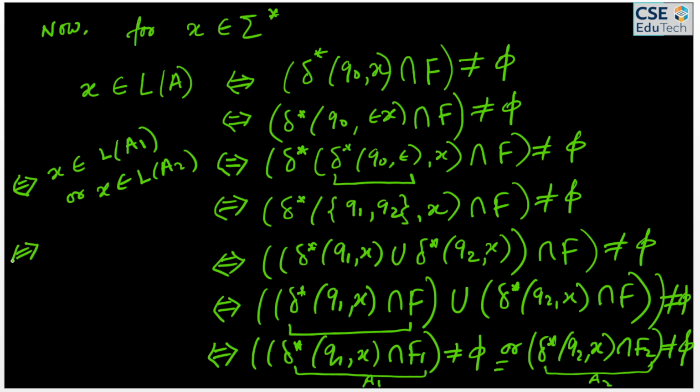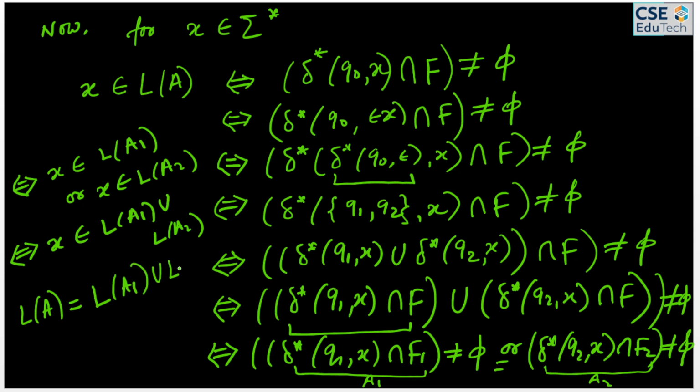So X belongs to the language accepted by A1 union the language accepted by A2. In this way, the language accepted by the final automaton A is equivalent to the language accepted by A1 union the language accepted by A2. So we can prove that there exists a finite automaton accepting this.